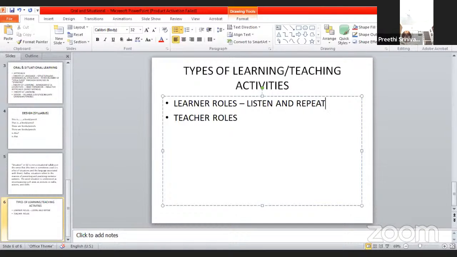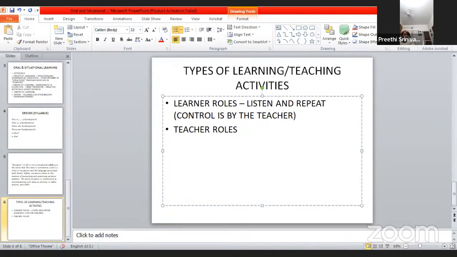And here, the control is by the teacher. The student cannot say, I don't want to learn this, I don't want to.